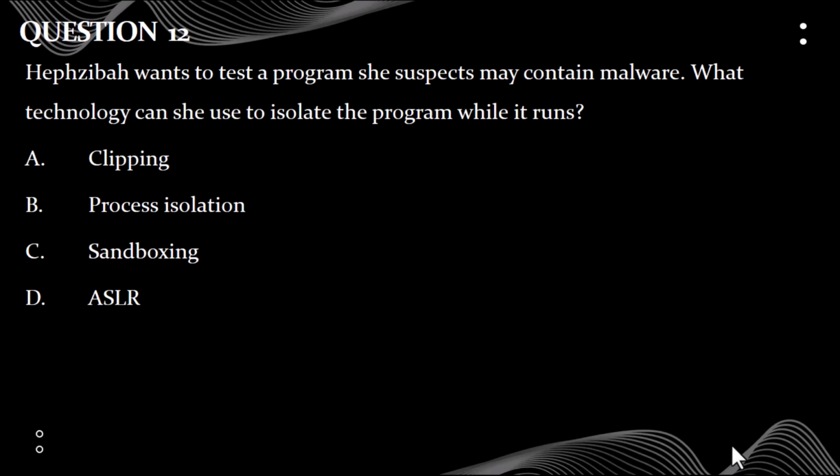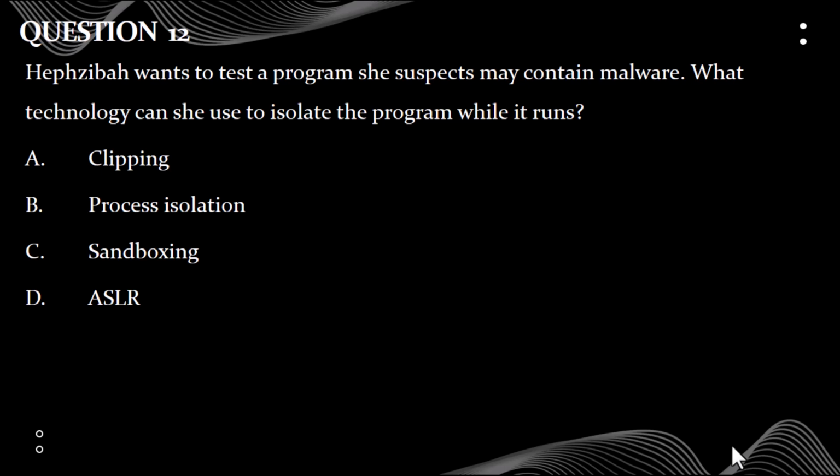Going through the options, clipping is not a term that is related to isolating programs, so that is not the correct answer. Process isolation involves keeping processes separate to prevent them from interfering with each other. Now, while it will provide some level of containment, it is not specifically designed for safely running and testing potentially malicious software.